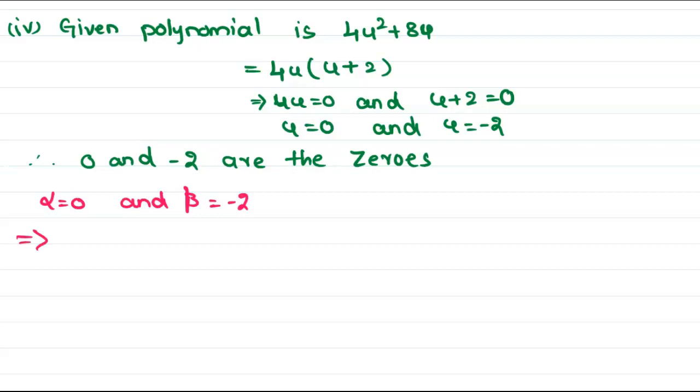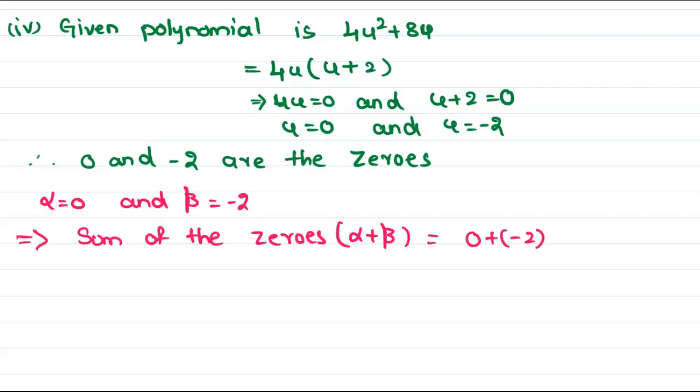So now we have to find out the relationship between the zeros. That is the first one, sum of the zeros. This is in the form of alpha plus beta is equal to, we know the values of alpha and beta here. So alpha value 0 plus beta value minus 2, then is equal to minus 2. Now product of the zeros.